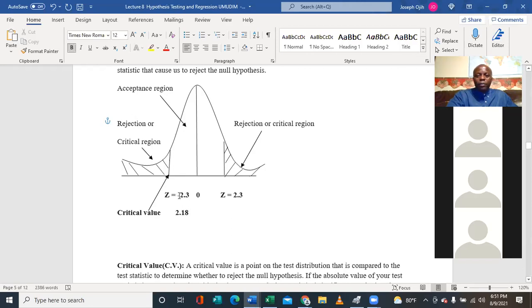For your algebra class, you know that the absolute value of negative 2.3 is also 2.3. So 2.8 in each case falls within this space, a little bit below 2.3, maybe around here. You did not fall in the rejection region. In that case, you do not reject.